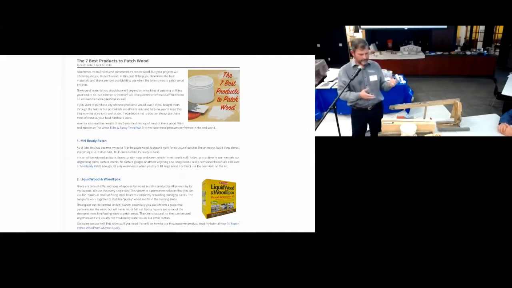I wouldn't recommend in any preservation project using something that isn't an epoxy. In other words, it should be something that requires the combination of two things together to cause a chemical reaction to take place. So a simple wood filler that you buy at Home Depot and scrape out of the can and put on and it dries when it's in touch with the air, no, that's not an epoxy. It requires the mixing of two chemicals together.